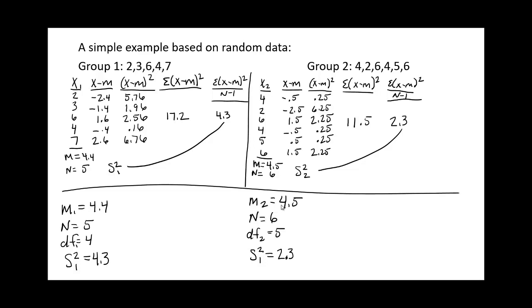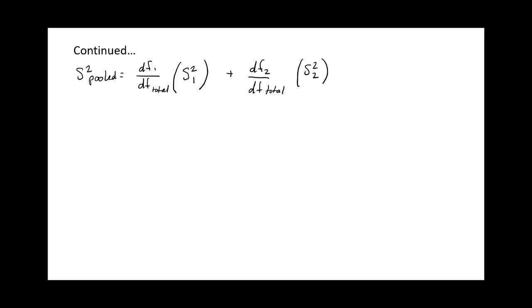For group 2, we have a mean of 4.5, number equals 6, degrees of freedom equals 5, and the estimated population variance of group 2 is 2.3. So we have some information that we can plug in. Now let's go forward using our method that we looked at from a couple slides ago.